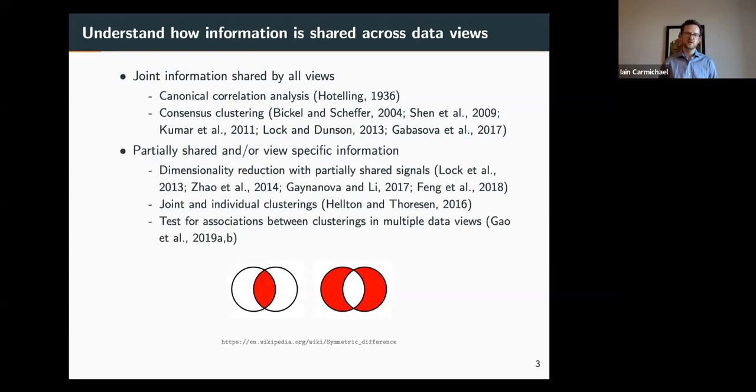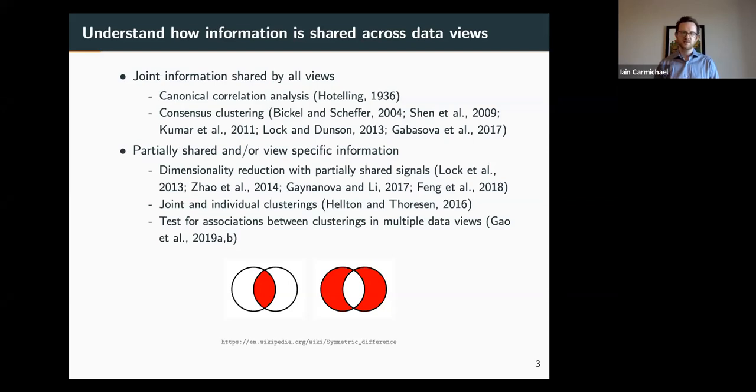More recently, there's been a focus on partially shared information. So things like dimensionality reduction with partially shared signals, or joint and individual variation, or this nice paper on joint and individual clustering, where I think there are sets of clusters in one view, sets of clusters that jointly show up in both, and maybe sets of clusters that are in another view.